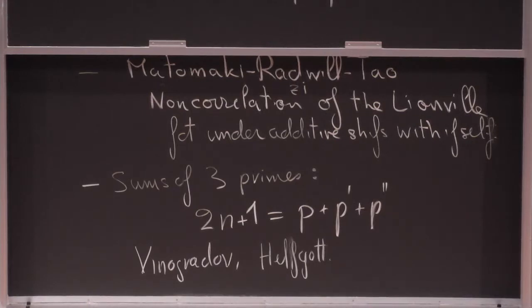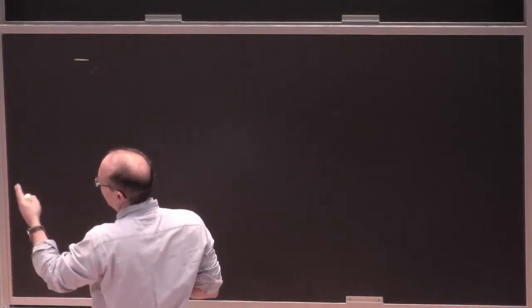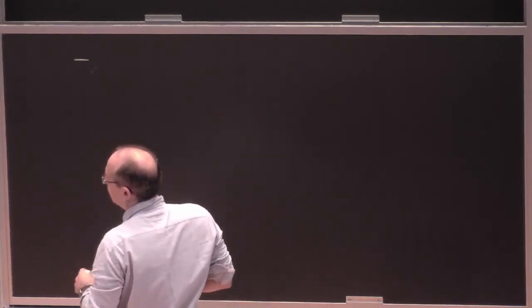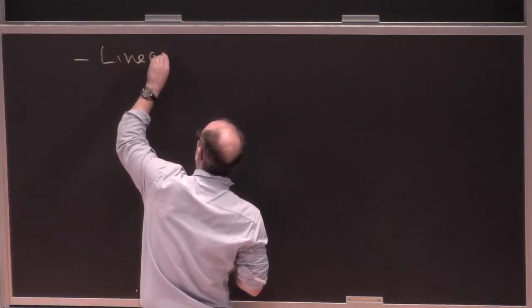In the same range, you often see the same name appearing. It's also not far from Vinogradov-type results, which are linear equations in the primes.